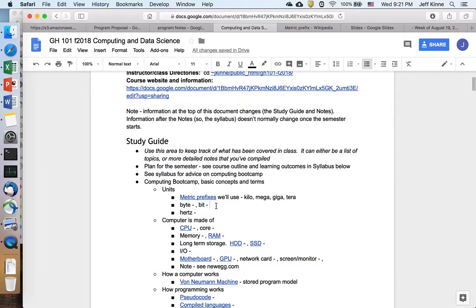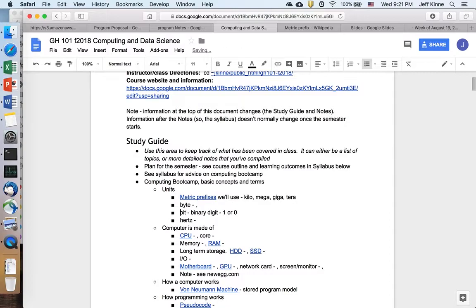All right, a bit is 1 or 0. So bit stands for binary digit. A bit is just a 1 or a 0.